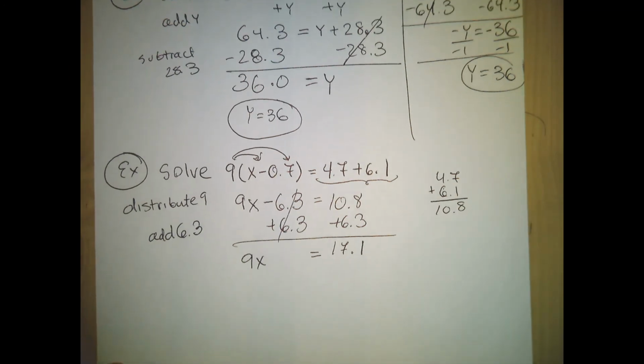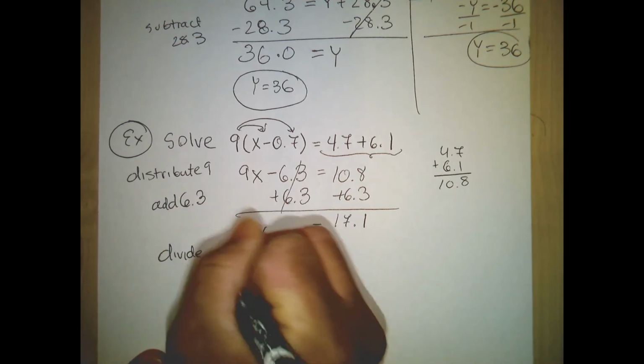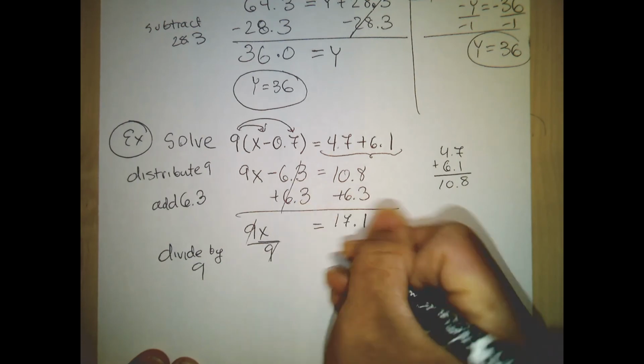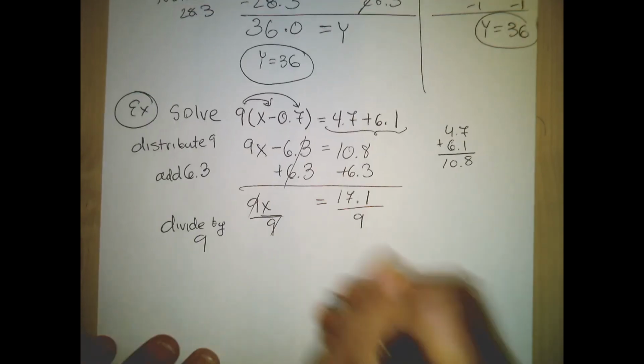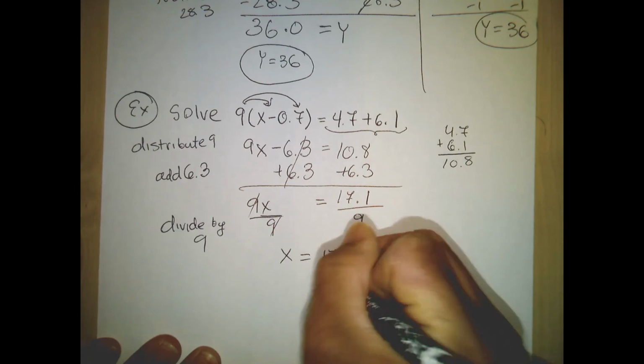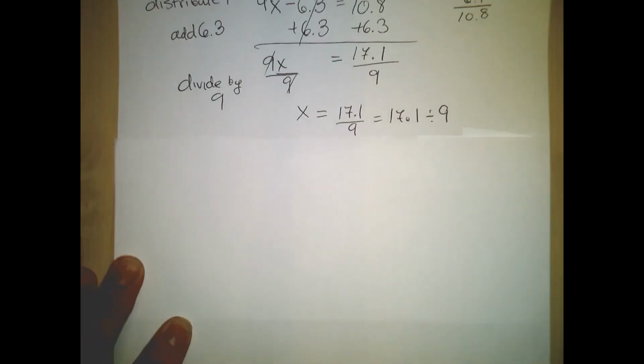All right. So then I have to divide by 9. So that will give us 9 divided by 9 is 1. So we need to figure out that x is then 17.1 over 9, which is 17.1 divided by 9.